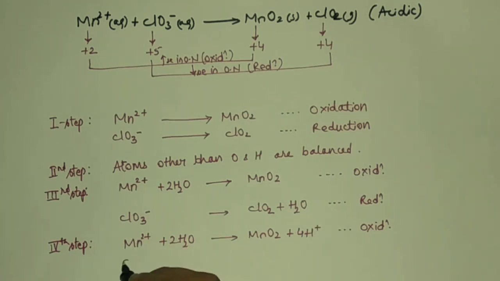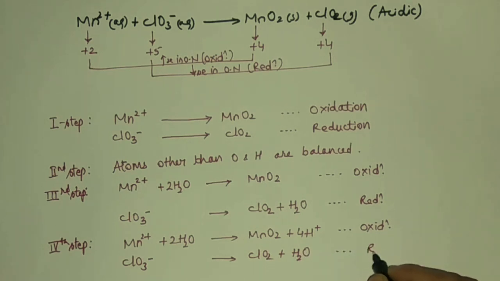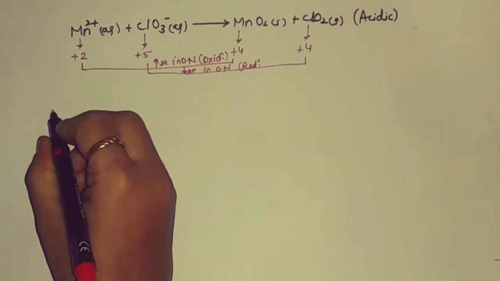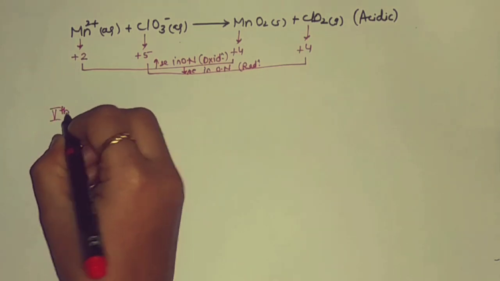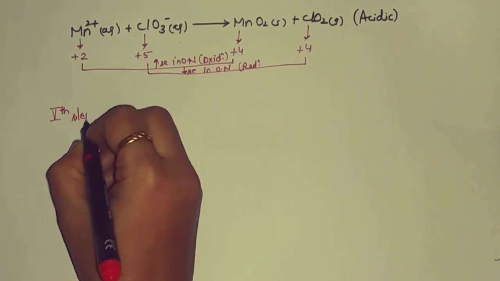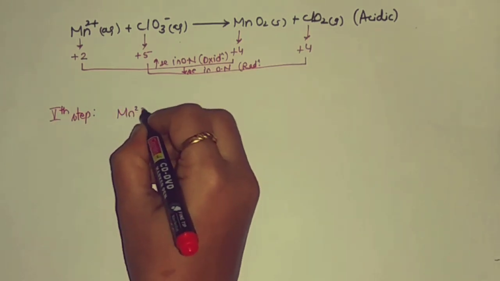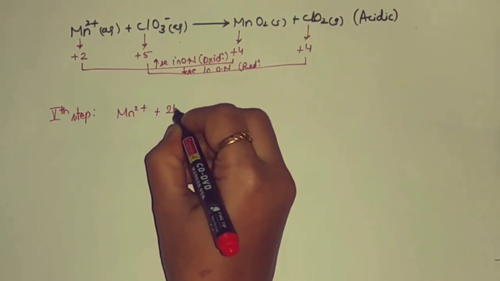In this case, ClO3- will give you ClO2 plus H2O, that is reduction. There are 2 hydrogen atoms on the right hand side, so we add 2 H+ ions on the left hand side. The fifth step is to check total charges and make them equal, that is, balance electron loss and electron gain.